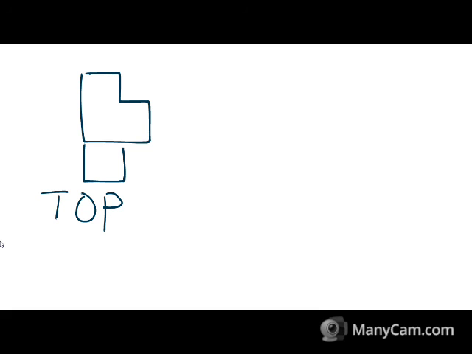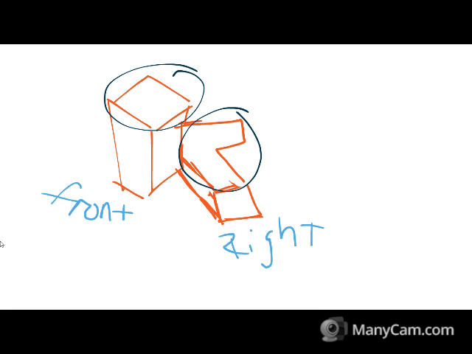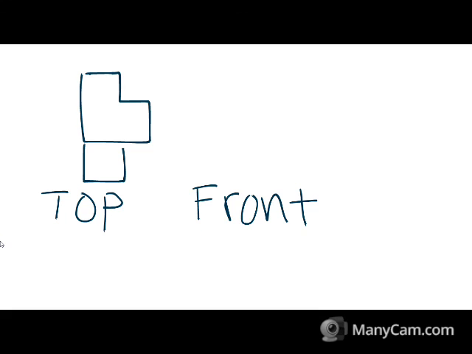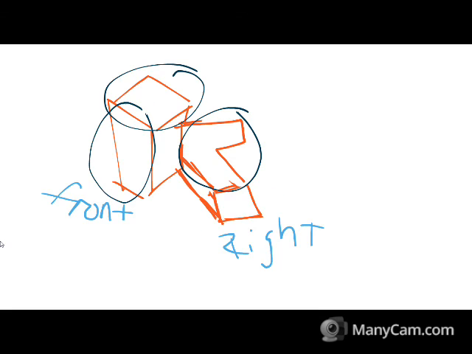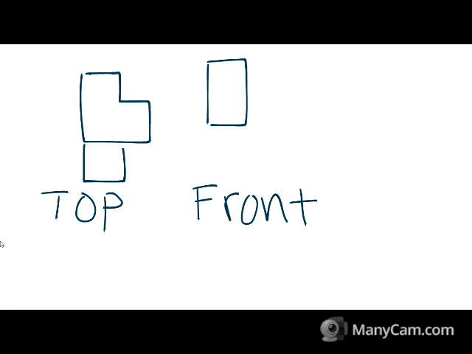Let's try the front view now. In the front view, you can see we see this rectangle, so I'm going to draw this rectangle. And then you're going to see this is supposed to be a cube right there, so I'm going to draw a cube.